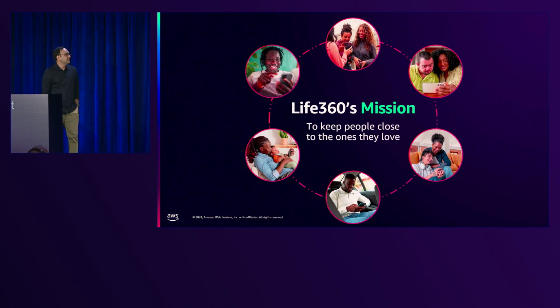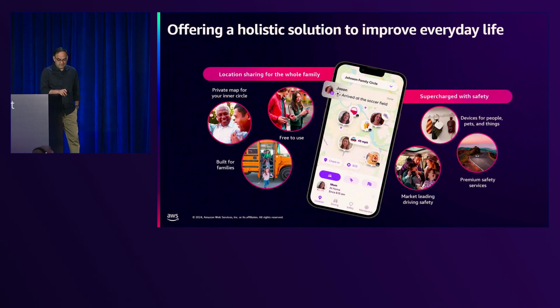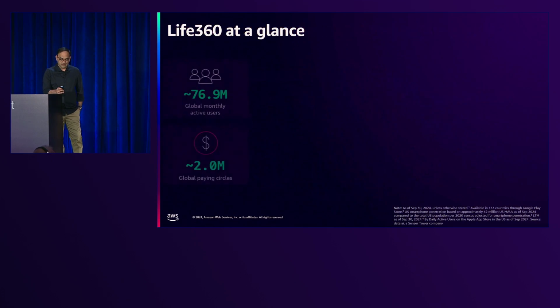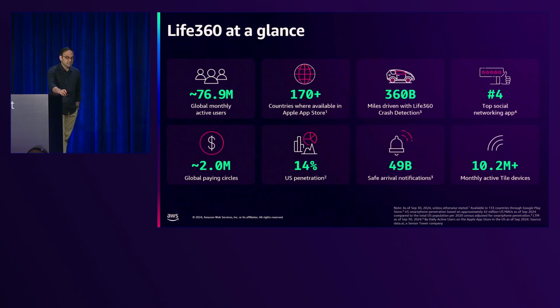Life360's mission is to keep people close to the ones they love. And we do it by offering a holistic solution across people, pets, and things. Life360 is built for families with safety at the forefront. At a glance, we serve about 77 million global monthly active users across 170-plus countries, with a penetration of 14% in the US.